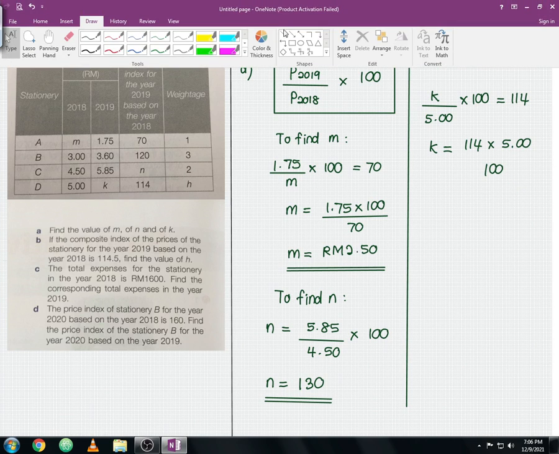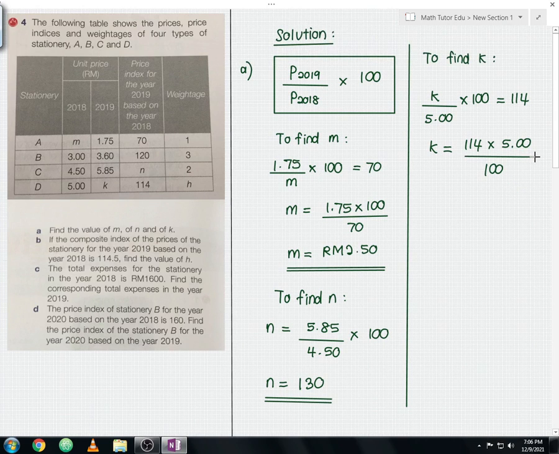Let me underline the fraction. You calculate this, you should get your K is equals to 5 ringgit 70 cent. Okay, so let me underline the solution.